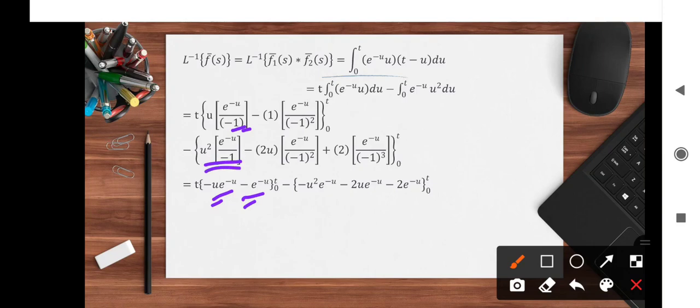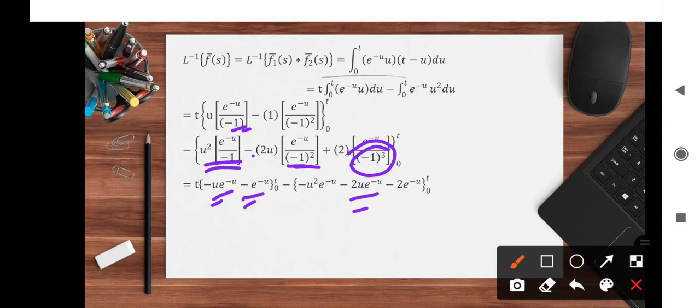The same for the second curly bracket terms: minus u square e raised to minus u. Here again this is positive. So minus 2u e raised to minus u. But minus 1 cube is minus. So the last term, which should be positive, now becomes negative because of this minus 1 cube.